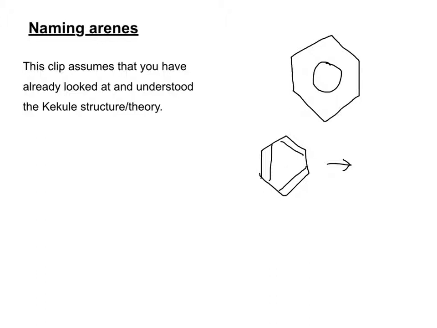And as you'll know by now, it can form two resonance structures. Let's change that, sorry. I was drawing the same thing twice there. Let's do it a bit better.